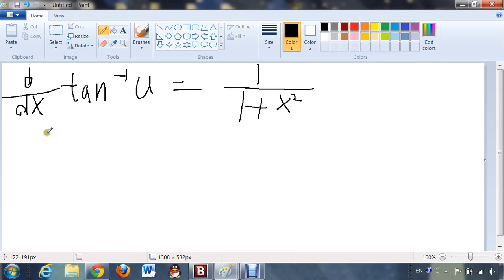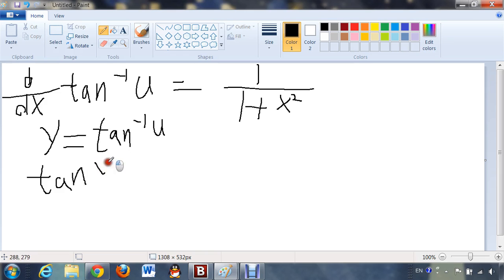So same thing like before, we say that the function is equal to tangent inverse of something, which means the tangent of y is that something, u.